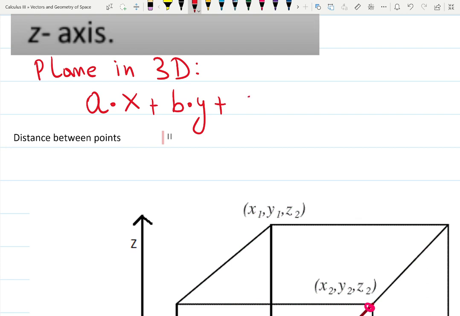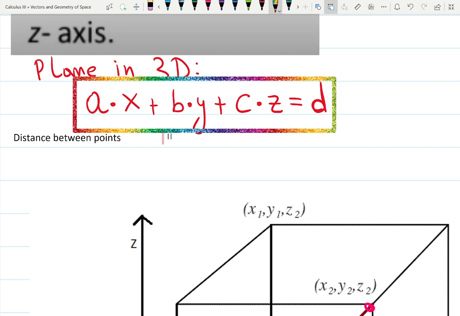And then finally up and down, this is the slope for Z, equals D. D is some kind of number at the end. We will show you how it goes up and down. The whole plane can be flying up and down. Put this in the beautiful box. I like rainbow boxes. Let's put it in the rainbow box. Here it is. So A and B and C are those numbers that tell me the slope, the steepness of the plane in different directions. Plane in 3D.